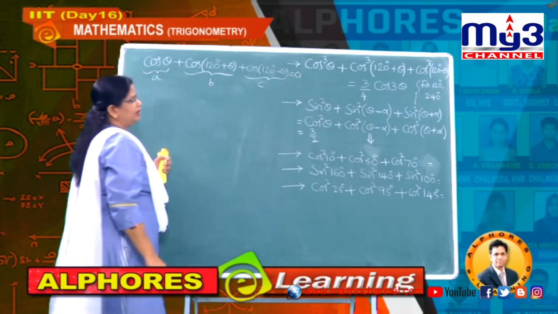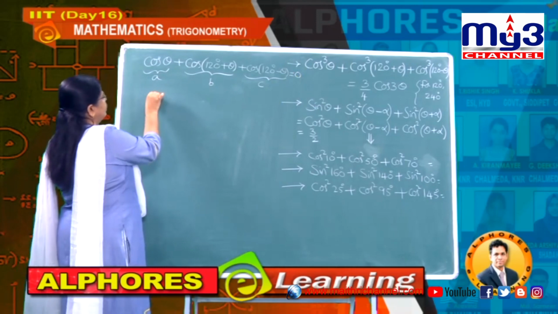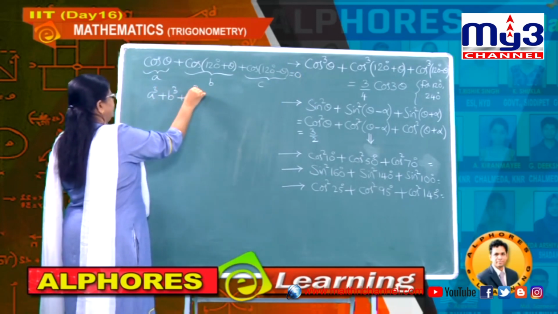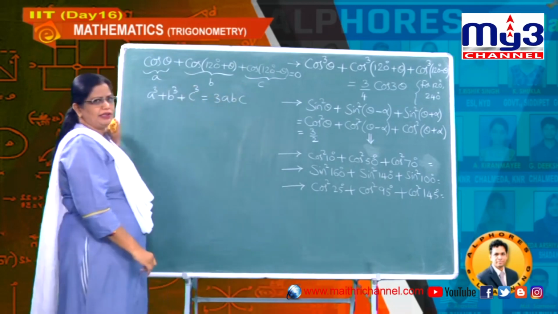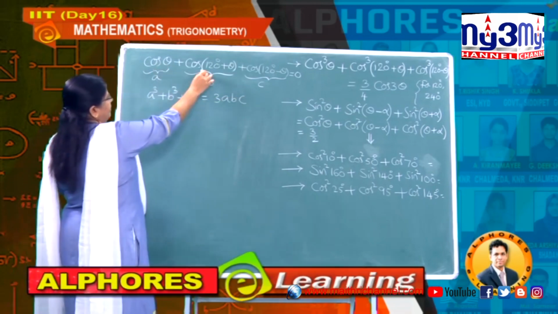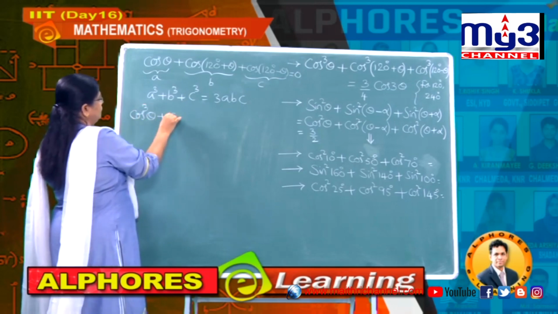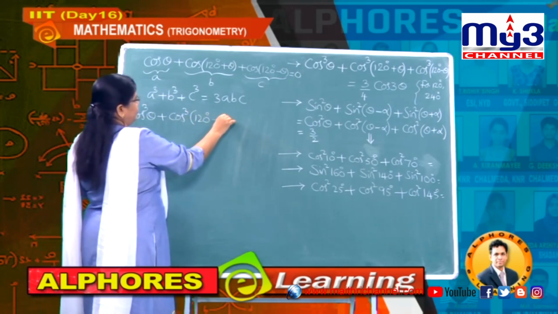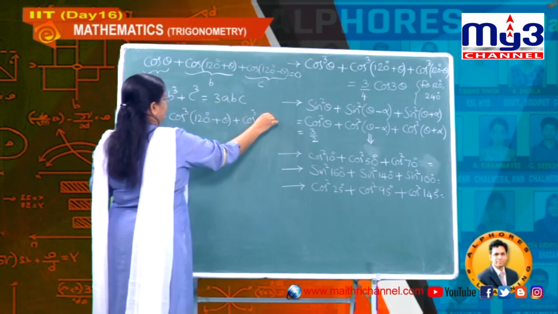0. As that value is equal to 0, therefore we have the result a cube plus b cube plus c cube equal to 3abc. So using this concept we apply here: cos cube theta plus cos cube 120 plus theta plus cos cube 120 minus theta equals how much here?